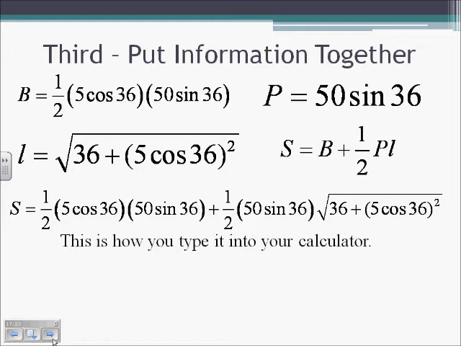After you type in 5 cosine of 36 squared. Make sure the parentheses are around the 5 and the end of the 36 at the end there. You need both of these parentheses here, and then there will be one on the end that closes off the one in front of the 36.